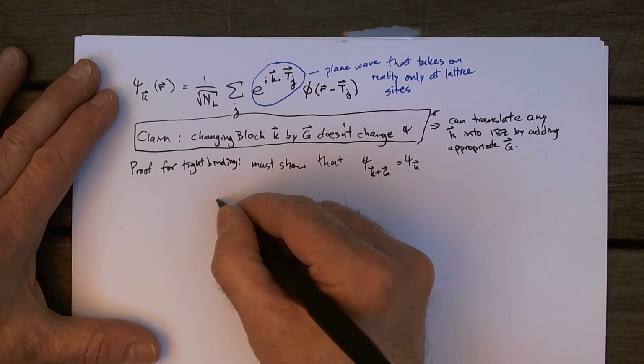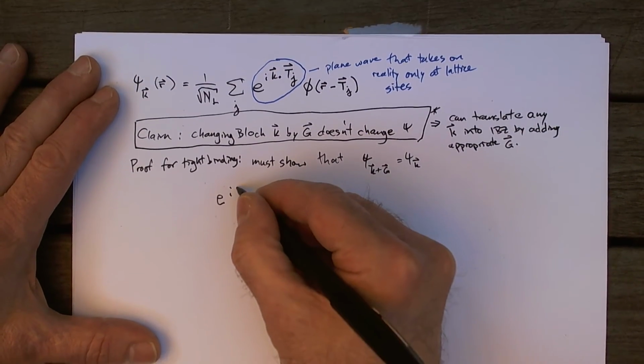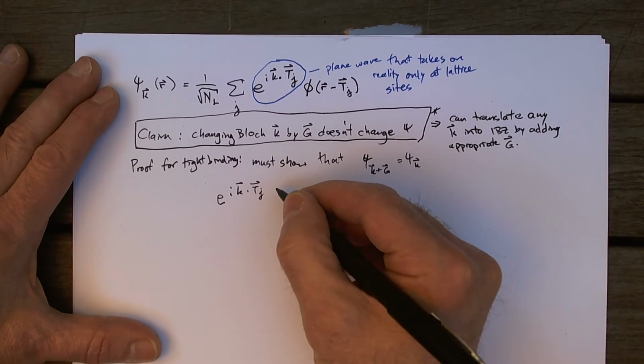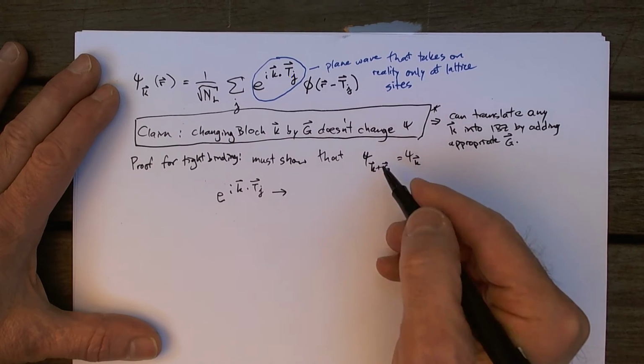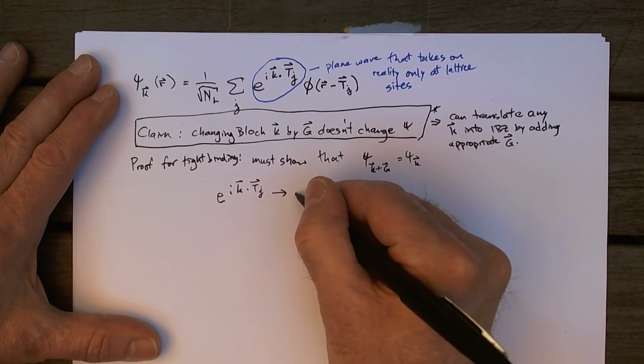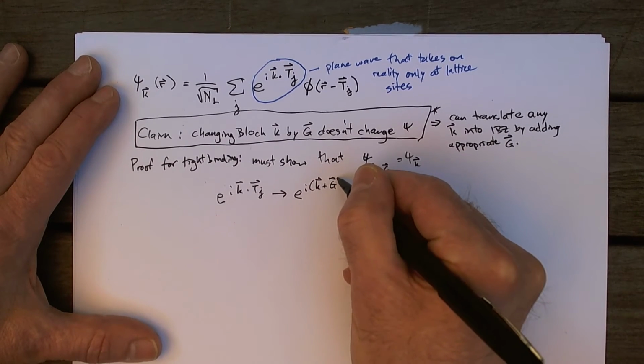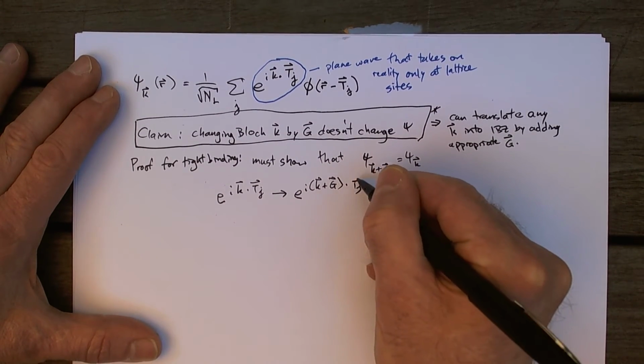So we would get e to the i k dot T_j, that's what we have originally, becomes, when we put in k plus G, e to the i quantity k plus G dotted into T_j.